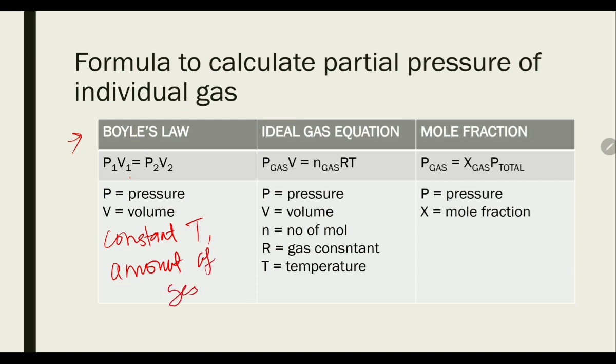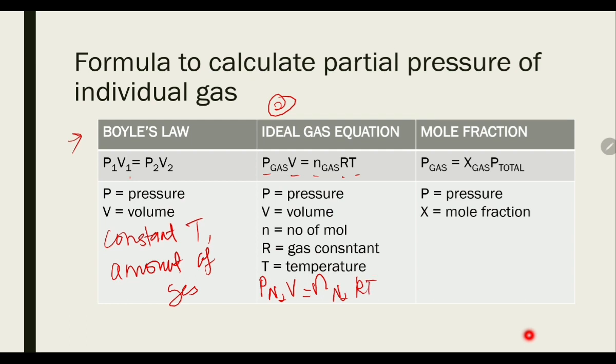The second one is using the ideal gas equation, which is made up of P, V, and RT. Let's say we want to find the partial pressure of nitrogen. So P N2 V equals the number of moles of nitrogen gas times RT.